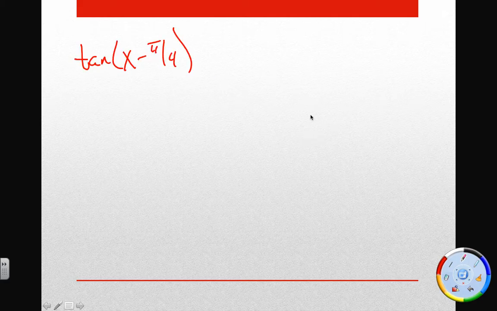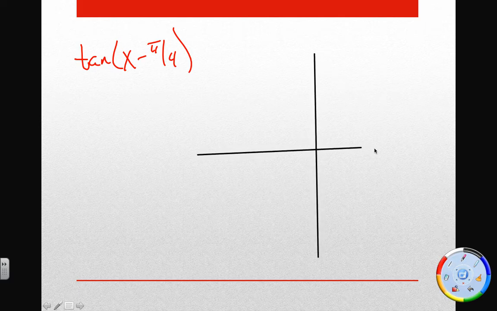Try something a little bit more challenging. Let's say it is the tangent of x minus pi fourths. So what we need to do is normally tangent starts at the 0, 0, but I need to go right pi fourths.